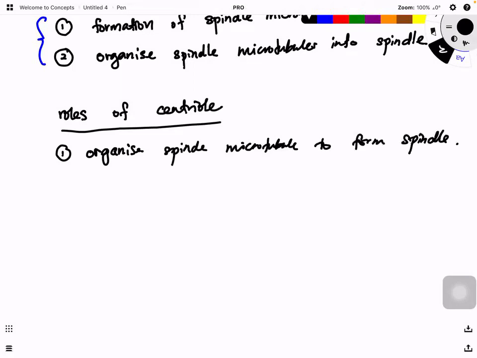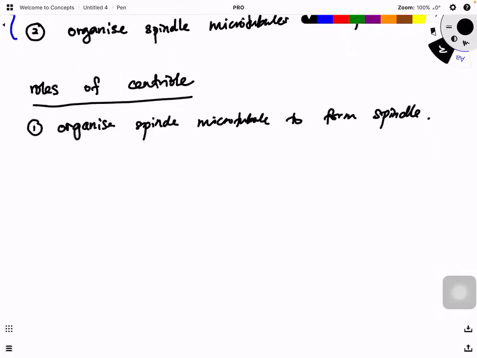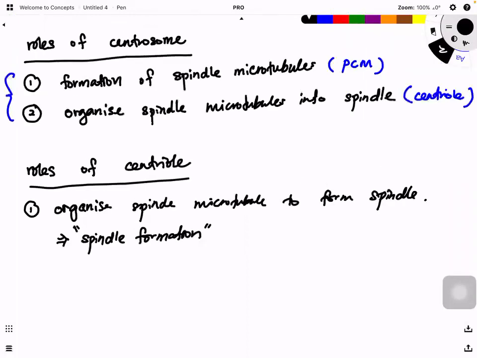There are always a lot of questions like this, particularly in paper 1. In other words, we can say it is the formation of the spindle, not spindle microtubule. Forming spindle microtubule is not the role of the centriole, but the role of the centrosome, or the role of the pericentriolar material. Are you clear? Be careful.